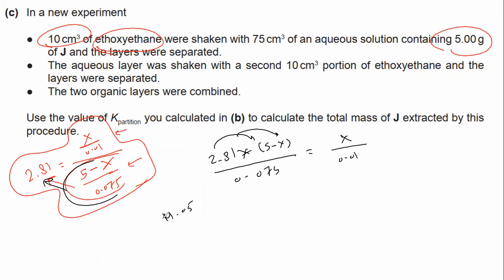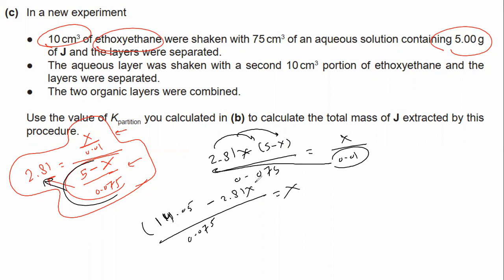14.05 minus 2.81 X over 0.075. And by the way, I will take this 0.01, multiply it here, okay? So this part will be only X, and here these things are multiplied by 0.01. Okay.